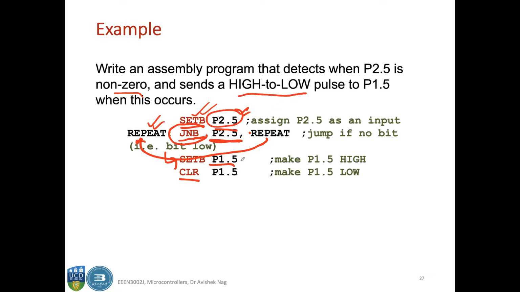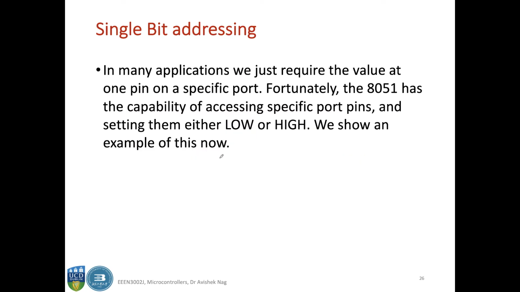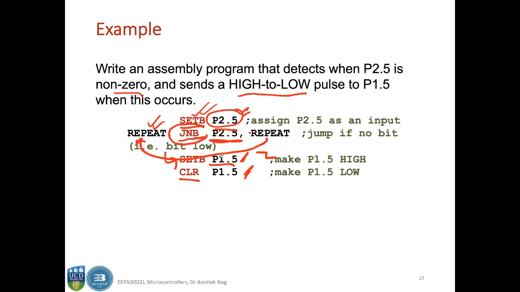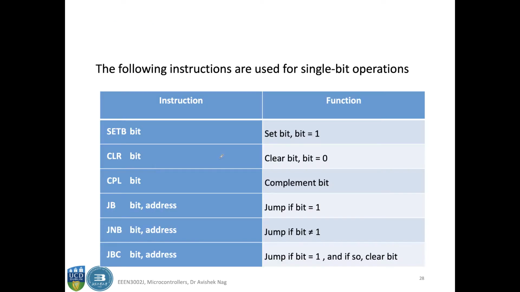So it's first setting it to high and then clearing it to low. A high to low pulse like this will be sent to port 1.5. This is an example where you are using the bit addressing or bit manipulating capability of the ports.